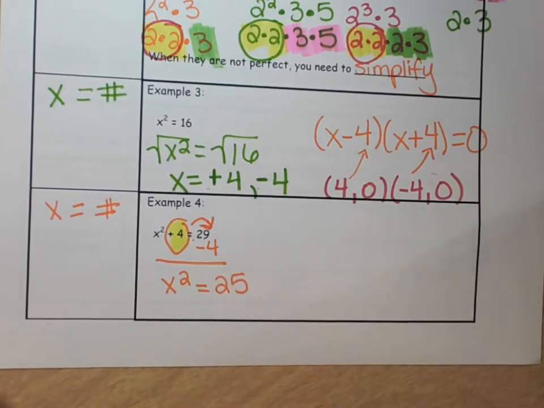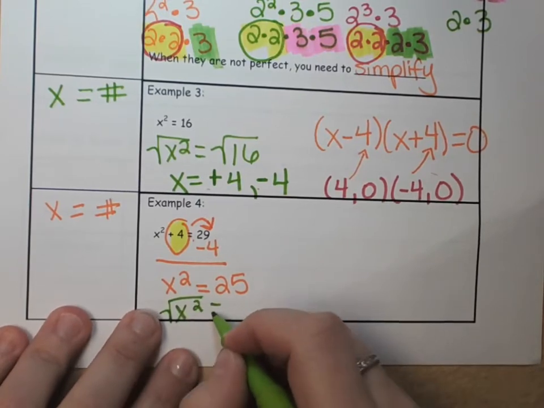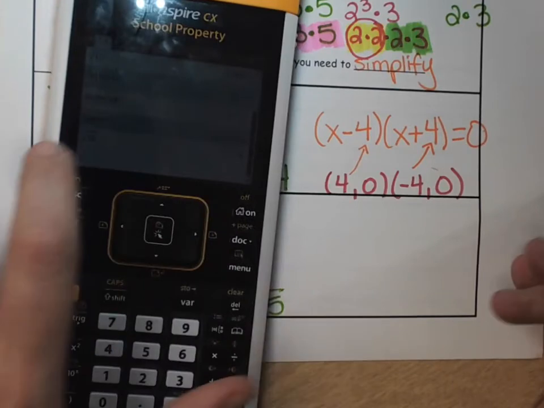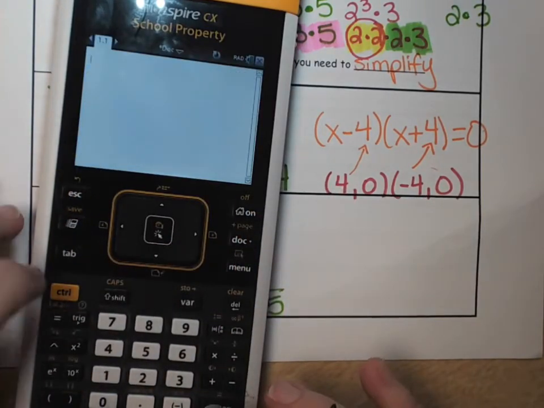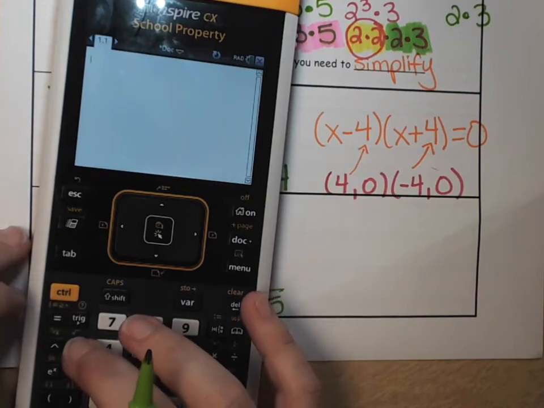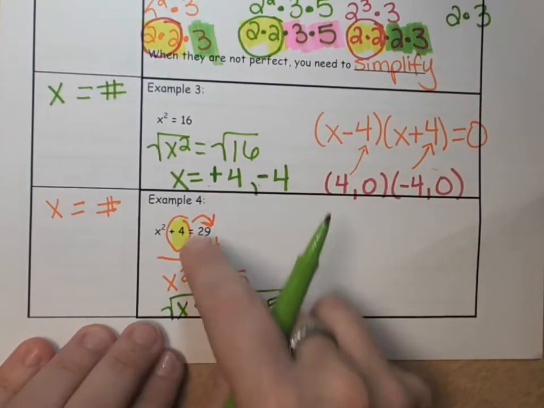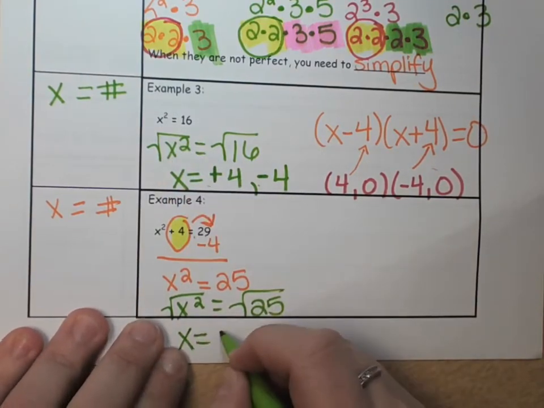Now it looks like example 3. We're going to do the same thing. You're going to take the square root of both sides. The square root, control square root, 25 is 5. Remember, I told you up here, when I take the square root of x, it's still x.